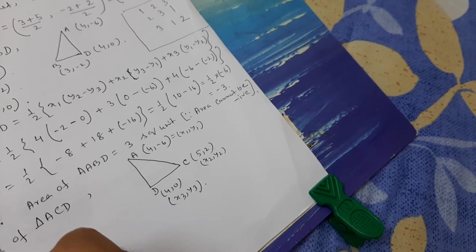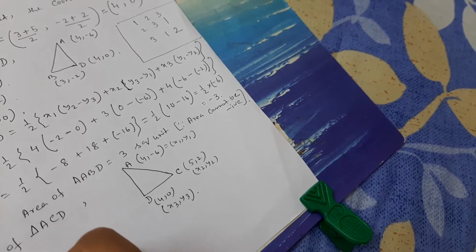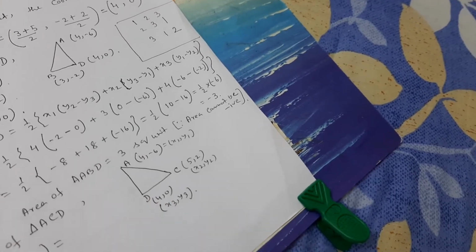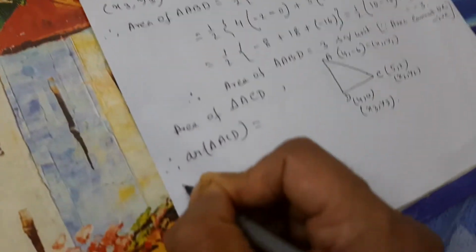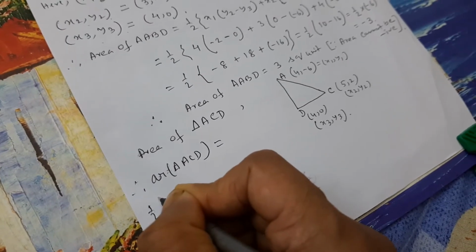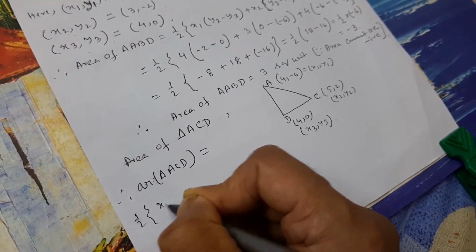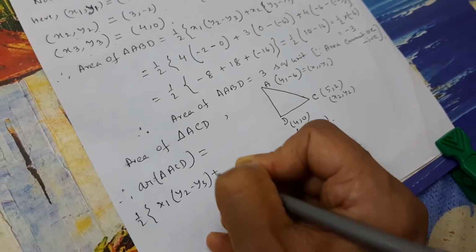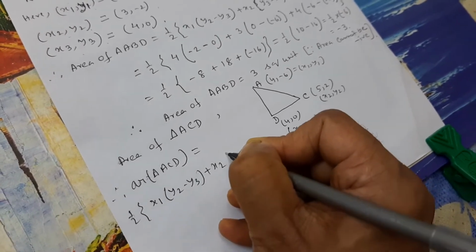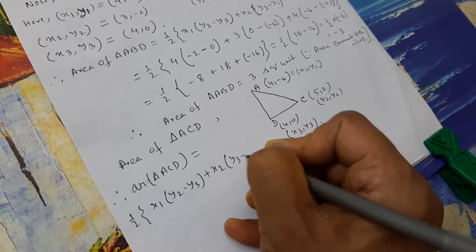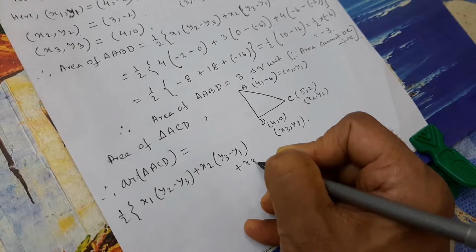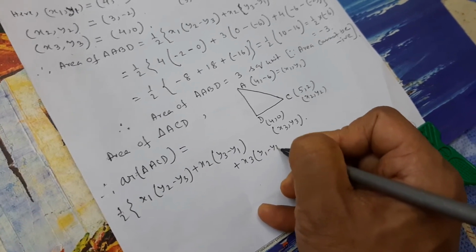Therefore, area of triangle ACD is equal to half into x1 (y2 minus y3) plus x2 (y3 minus y1) plus x3 (y1 minus y2).